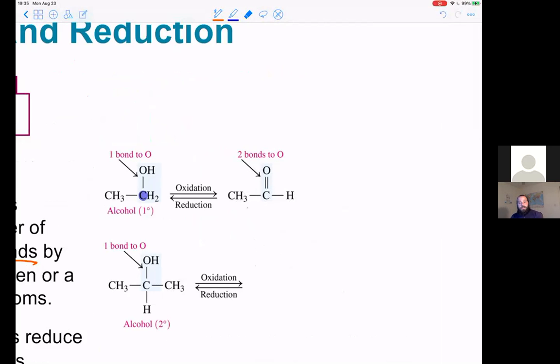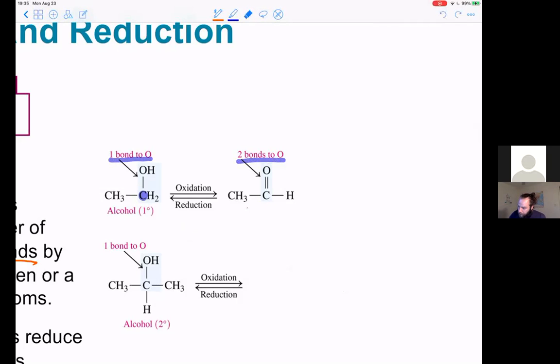I've now created a double bond between carbon and oxygen. Notice that I would have had to lose 2 hydrogens in this oxidation as well. One that was originally on the oxygen and one that was originally on the carbon. But I go from having 1 carbon-oxygen bond to 2 carbon-oxygen bonds. That's an oxidation. If I go the reverse direction, that's a reduction.